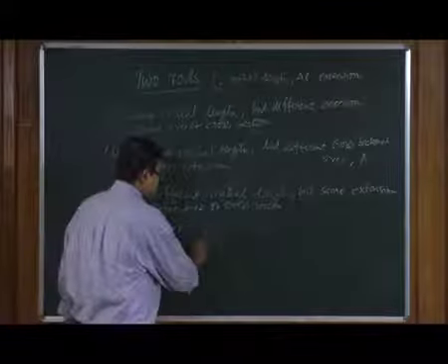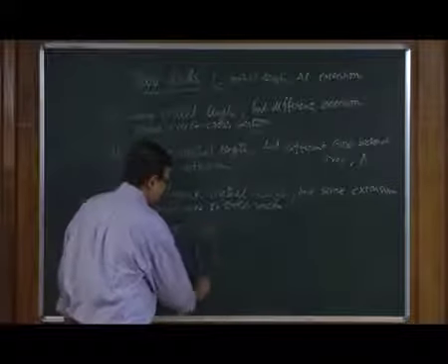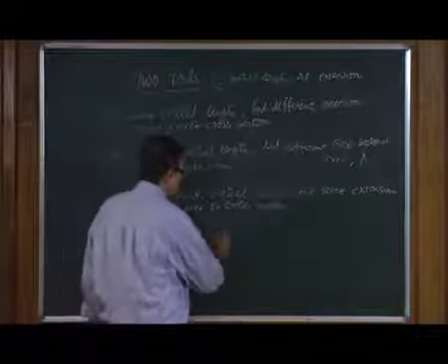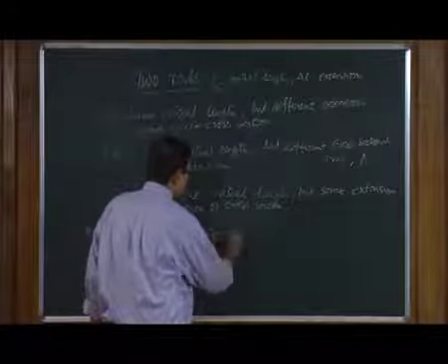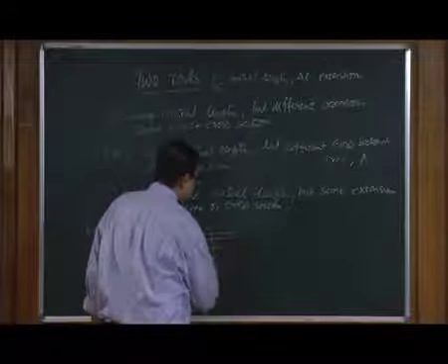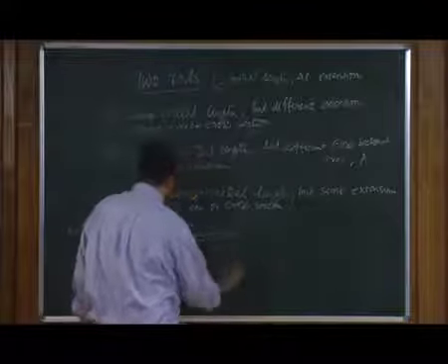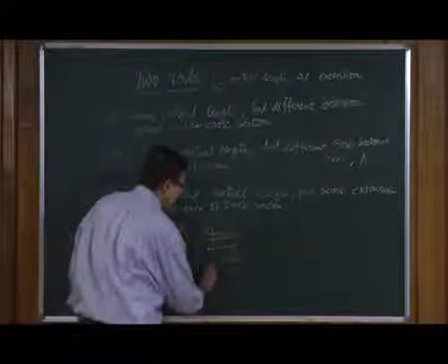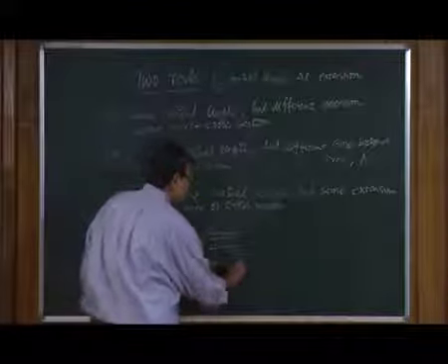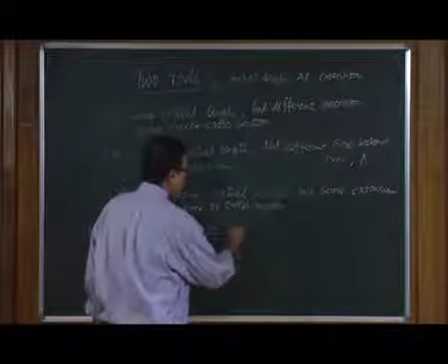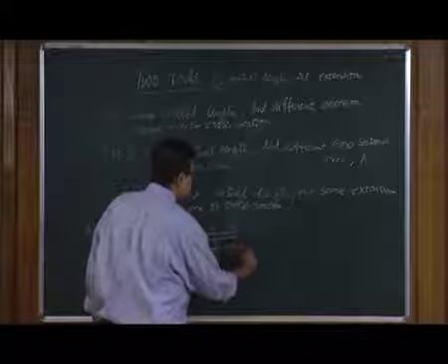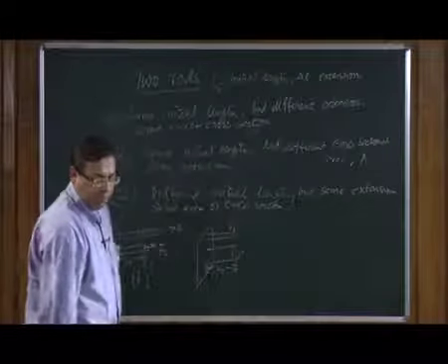Let me draw the same picture to understand the area of cross section. So, I have a rod like this and I have a rod like this which have same L0. However, the cross sectional area is A1 for this and a cross sectional area is A2 for this.